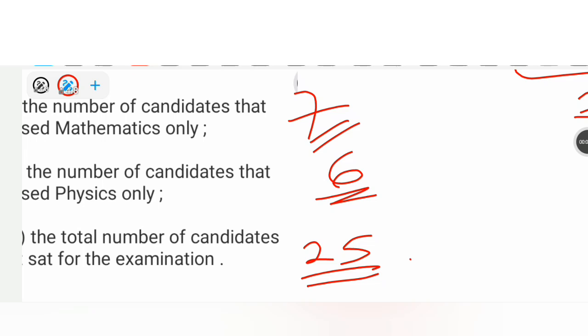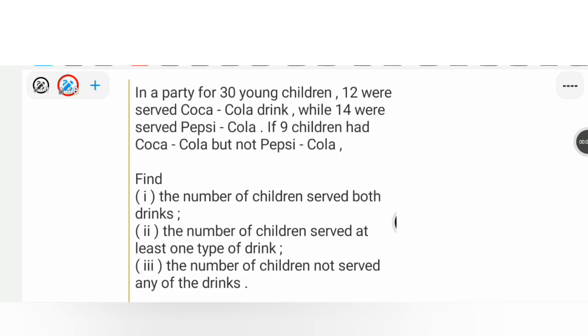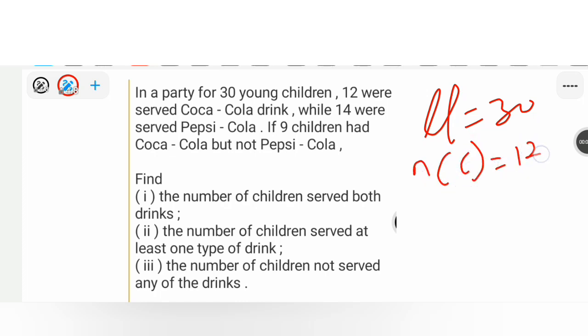Let's take the next one. For this next question, we're told that in a party of 30 young children, that means the universal set is 30. 12 were served Coca-Cola drink. So Coca-Cola represents C. So this one will be 12. Then 14 were served Pepsi. So P is Pepsi. So it will be 14.